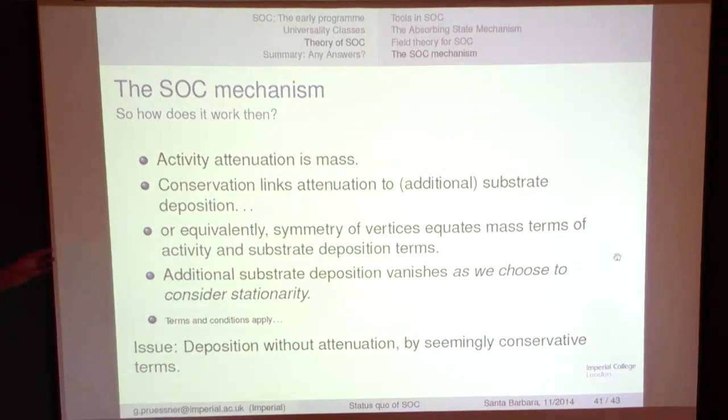And because we've got stationarity, both sets of diagrams must be equal to 0. And I wrote down here terms and conditions apply, because, well, life is never easy, right? Things are normally a bit more complicated.